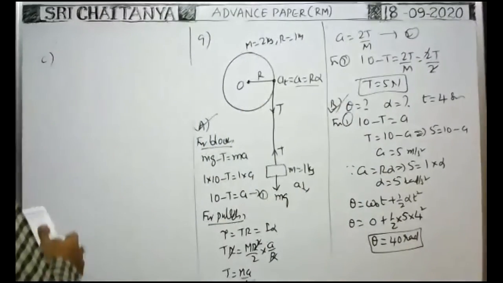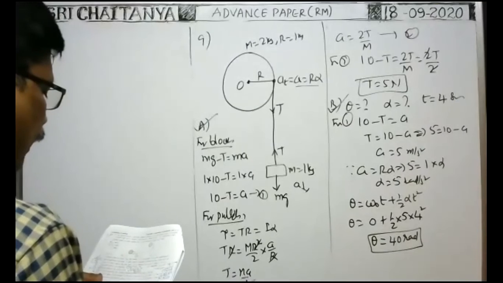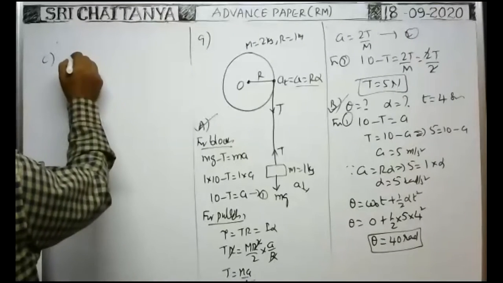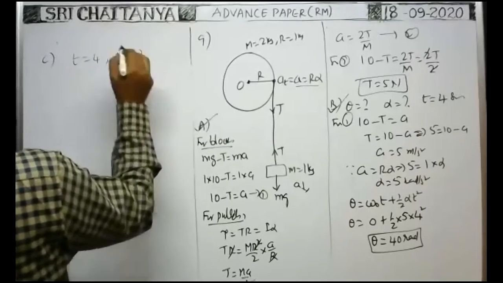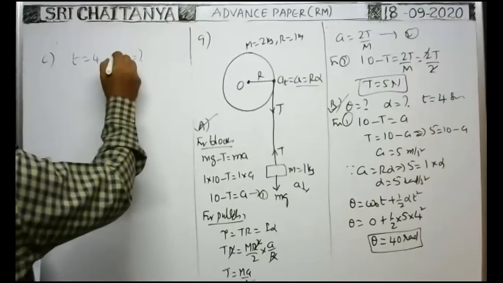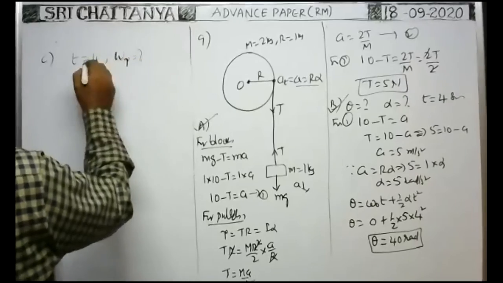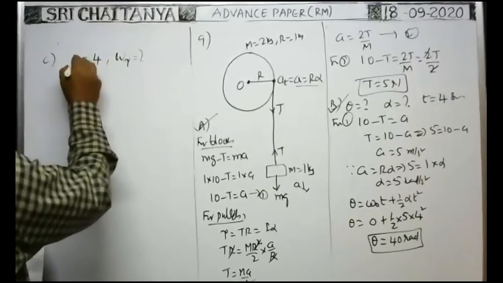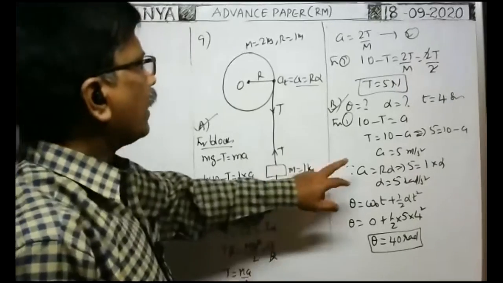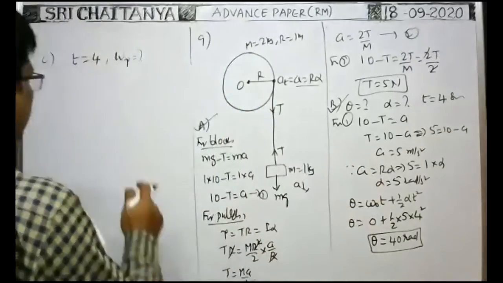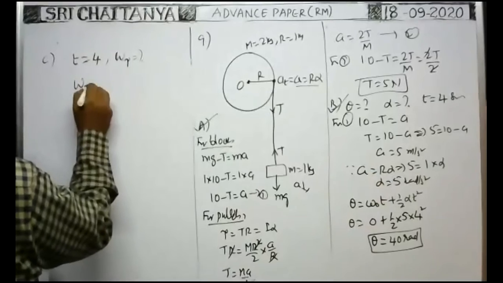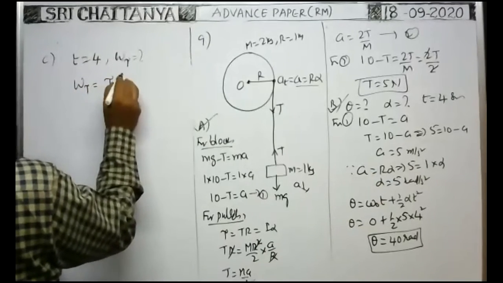Next, C, we have to check. The work done by the torque on the disk in the first 4 seconds. What is the work done by torque tau in 4 seconds? Here, as the angular acceleration is constant, torque is also constant as moment of inertia is constant. That's why work done by torque on the body is equal to tau into angular displacement.